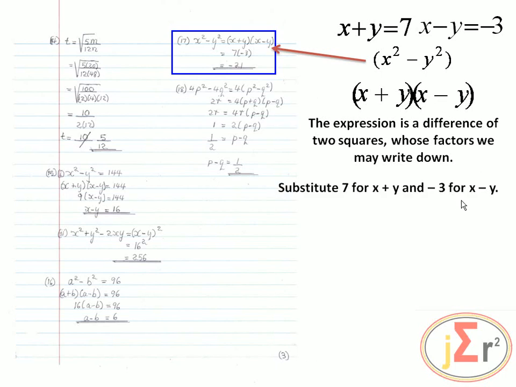Substitute 7 for x plus y and negative 3 for x minus y. So we have x plus y and we have x minus y, and we have the value of x plus y and we have the value of x minus y. So substitute like so.